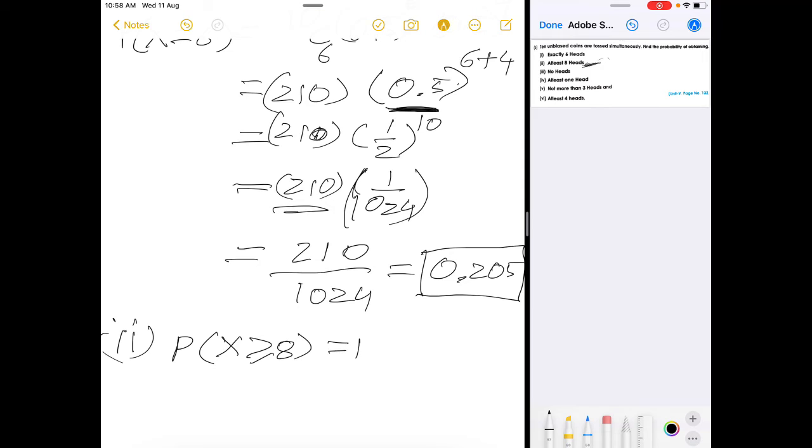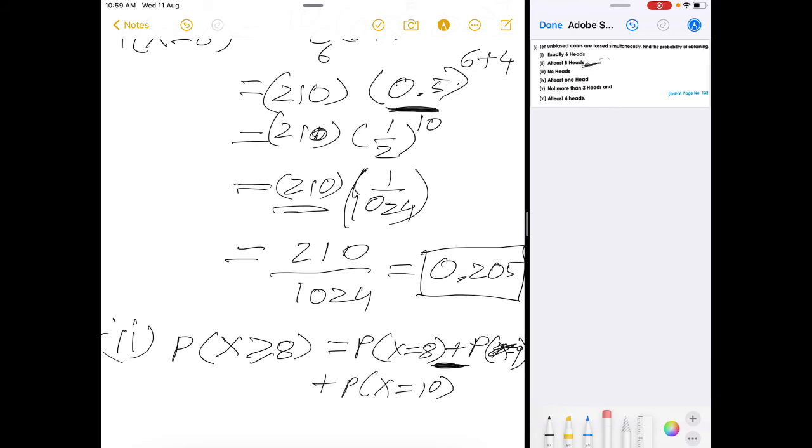So what is that? That is probability of getting 8, or remember, whenever probabilities you have or, you add them. So plus probability of x equal to 9 plus probability of x equal to 10, right? So very easy to do.